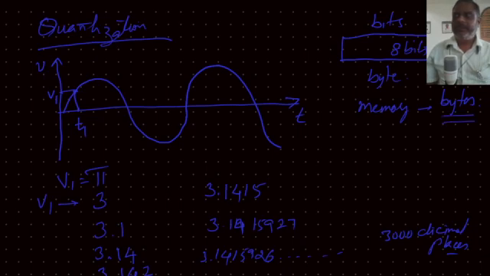So whatever range you are working with should fit in, say, 8 bits. 8 bits means there are 256 combinations.